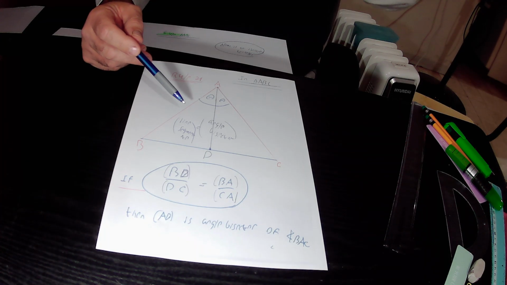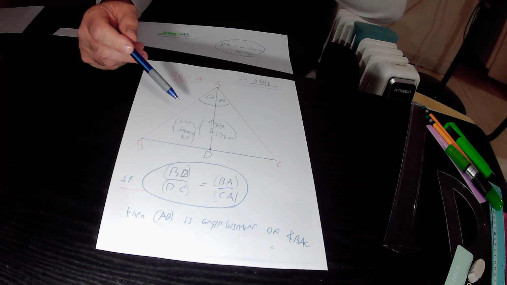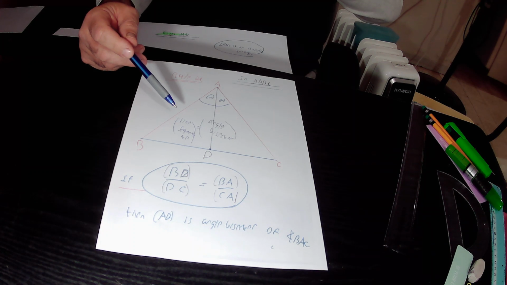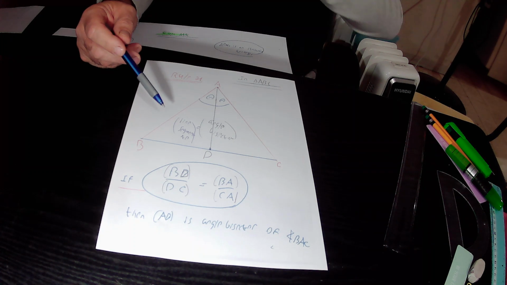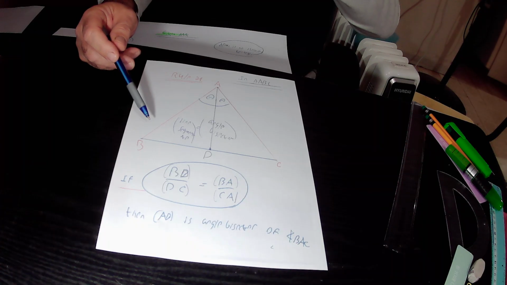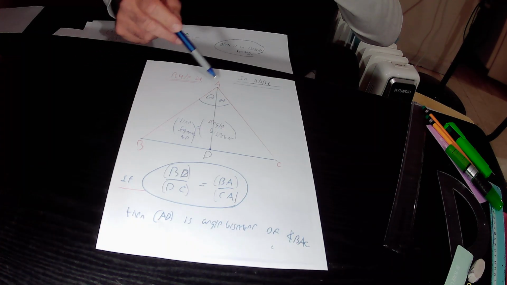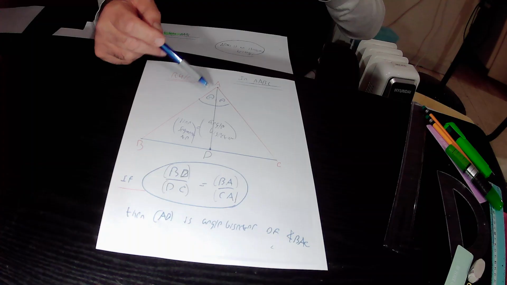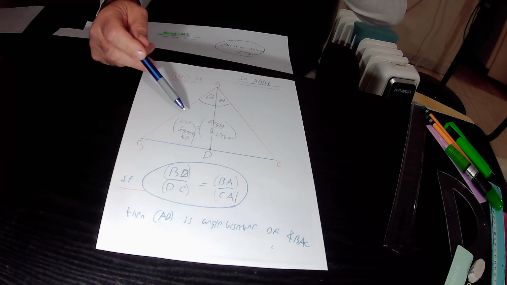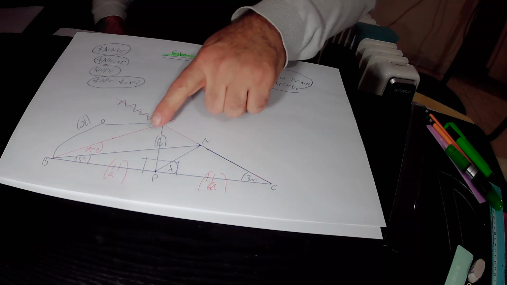As I mentioned before, the angle bisector theorem has two directions. This is the converse theorem. We know that BD over DC equals BA over AC, therefore line segment AD must be the angle bisector of triangle ABC. So we only implemented the angle bisector theorem on this right triangle MPC.